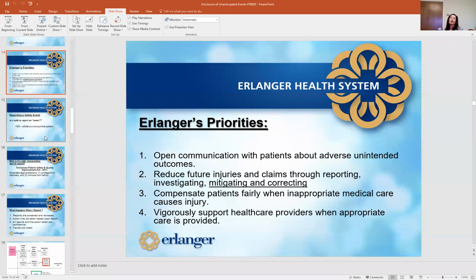So recently, let me give you an example. We had, at Erlanger, a provider with a birth injury case. Very expensive to try a birth injury case. You have to have a lot of very expensive experts in line to show that you met the standard of care. We tried that case in front of a jury to conclusion, despite multiple attempts from the plaintiff's counsel to settle the case.